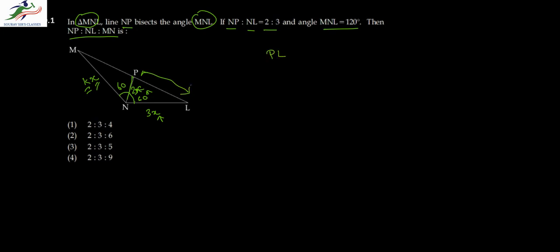So we know by the cosine formula of the side of a triangle, PL square is equal to PN square plus NL square minus 2 into PN into NL into cos of angle PNL.